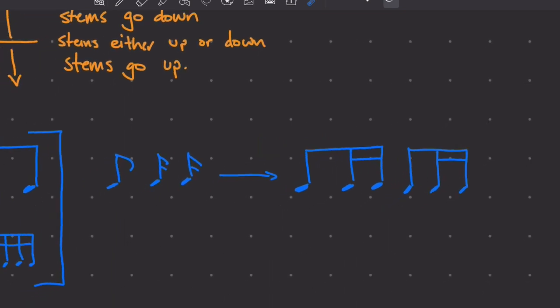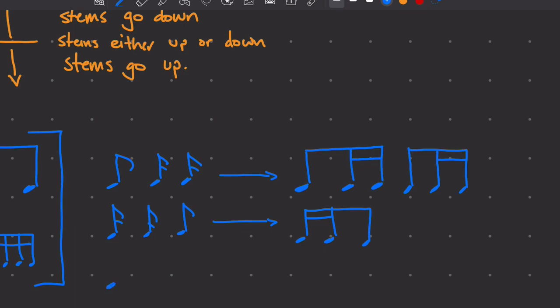If I have the opposite rhythm, and I have 2 16ths and an 8th, I do the same thing. I would group those together, and I would put my 2 16ths and my 8th note. So there I have 2 16ths and an 8th.